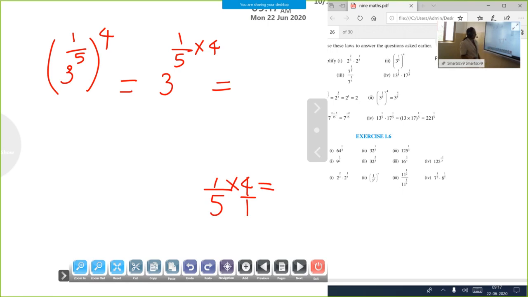Multiply the numerators, multiply the denominators. So our answer is 4 by 5. So we can write 3 raised to 4 by 5. 3 raised to 1 by 5, the whole raised to 4 equals 3 raised to 4 by 5.